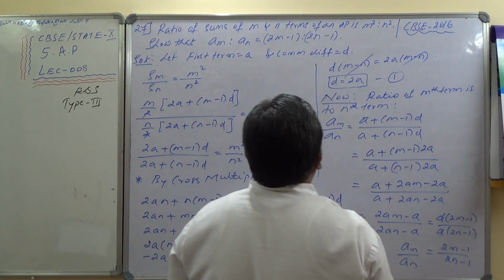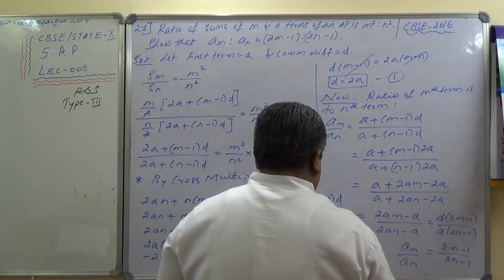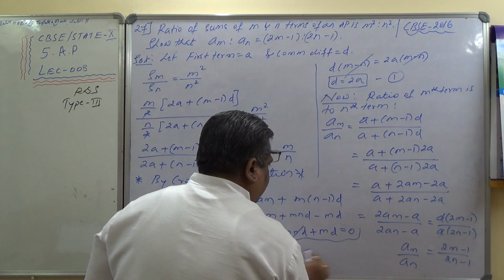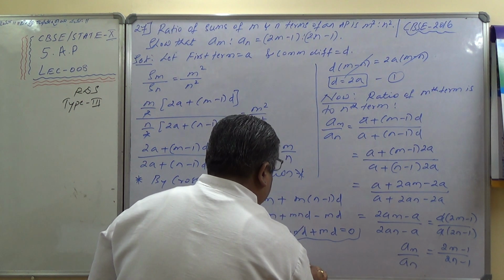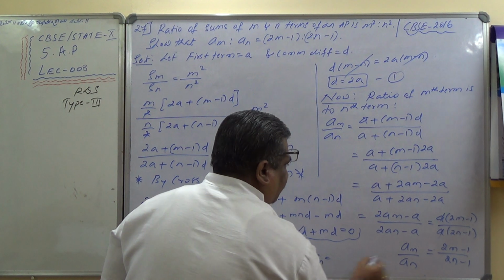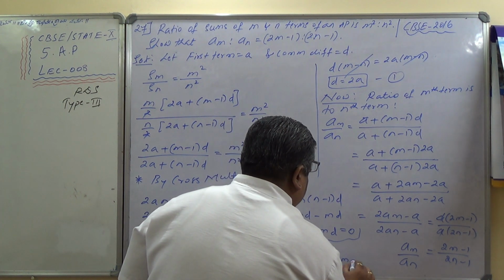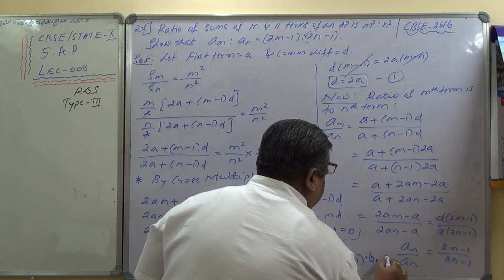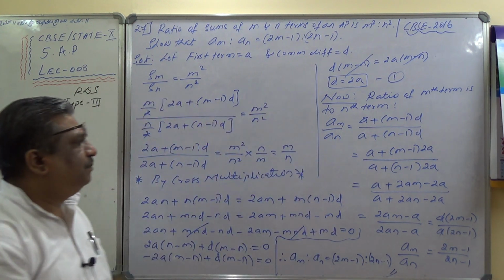Therefore, finally am is to an is 2m minus 1 is to 2n minus 1. Note it down.